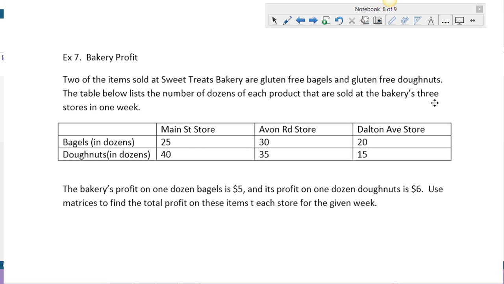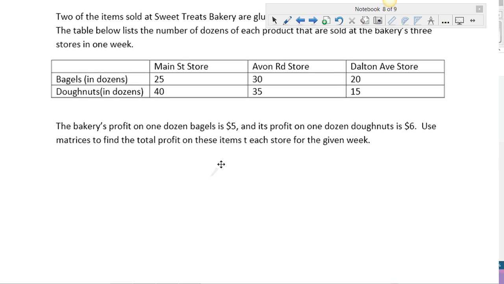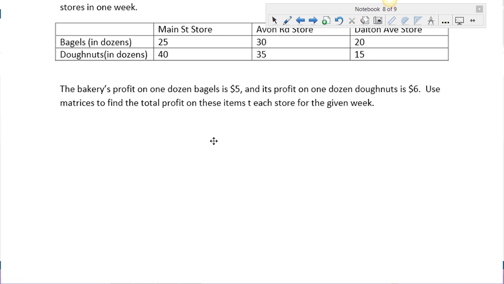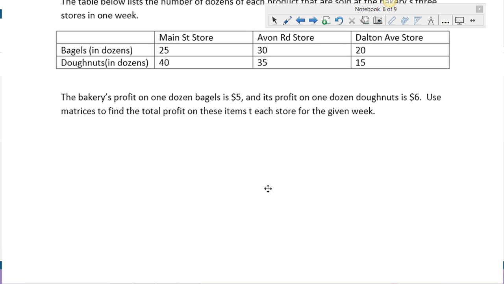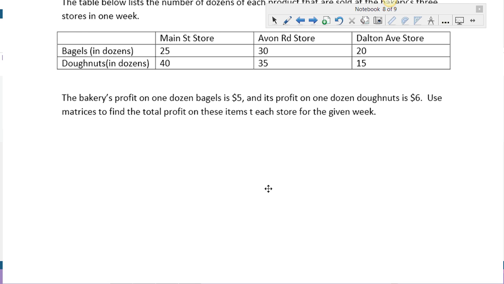The table below lists the number of dozens of each product that are sold at the bakery's 3 stores in 1 week. The bakery's profit on 1 dozen bagels is $5. Its profit on 1 dozen donuts is $6. We're going to use matrices to find the total profit on these items, T, each store for the given week.